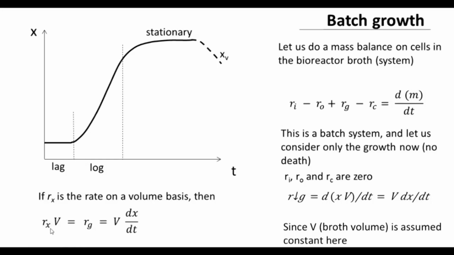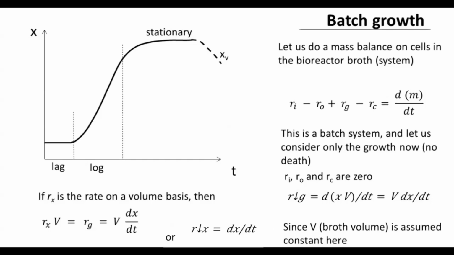Therefore, the rate of change of cell concentration times the volume would be the rate of change of mass. Rate of change of mass, not concentration, rate of change of mass. Therefore, Rx times V equals Rg, and that equals V dx/dt from here. So, if we equate this and this, Rx is nothing but dx/dt.